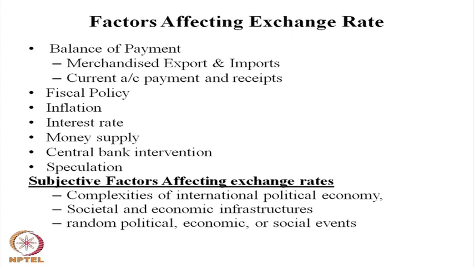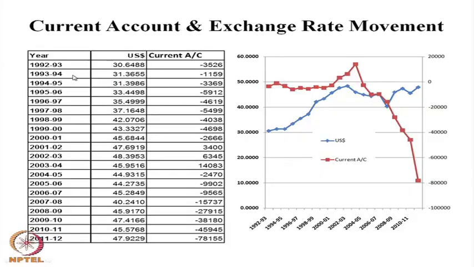I have analyzed this policy against the rupee, and I have done it here. What is the rupee value against the current account? The current account deficit is increasing since 92-93. I have taken 20 years of data, from 92-93 onwards till 2011-12, with the exchange rate against the US dollar and also the current account deficit or surplus.